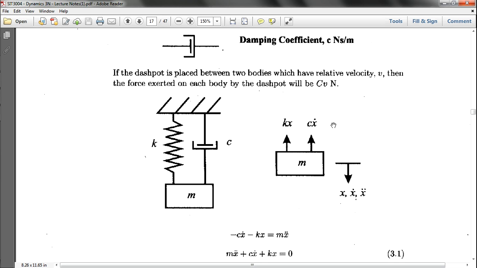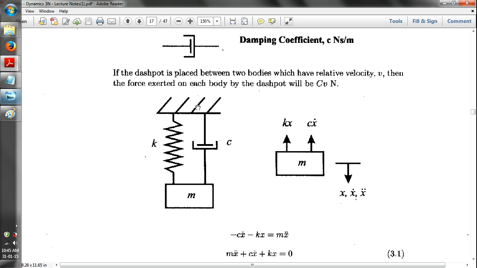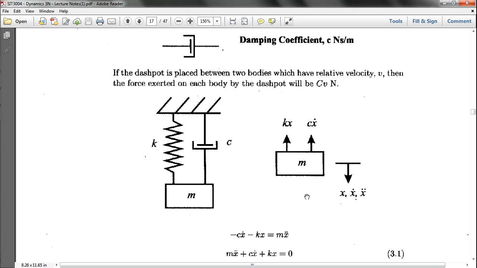And then kx is the spring constant times the displacement. Once you know this, the next thing you need to do is get the sign convention. So going down is actually positive.